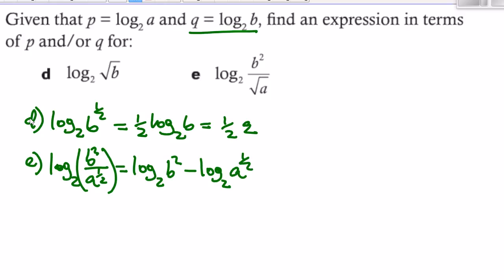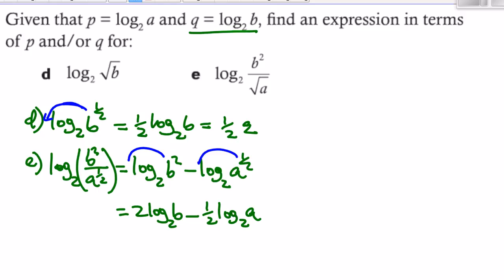And then all these guys, I'll bring them to the left, just the way I did this one here. So what I'll end up with is 2 log to base 2 of B minus a half log to base 2 of A, which will be 2Q minus a half P.